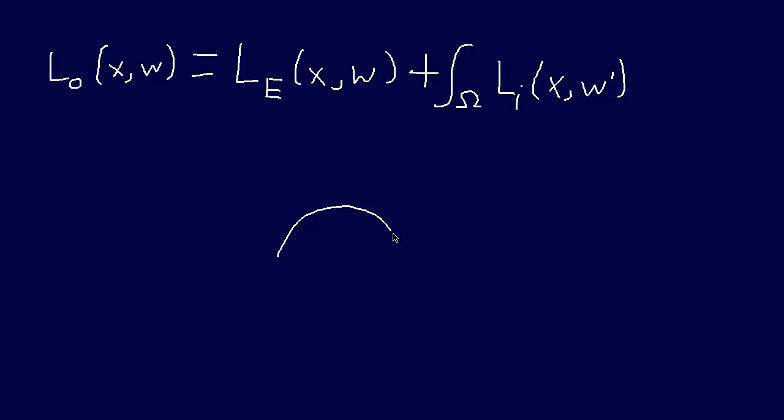So this represents the integral, all the different directions I'm looking at. If I'm currently calculating light from this direction, this would be W prime. If I'm currently looking at it from this direction, that would be W prime. This direction, that's W prime, etc., etc. So yeah, that's what W prime is. And that's the first thing I'm going to look at in the integral: the amount of light that's coming towards this point from whatever direction I'm currently looking at in the integral.